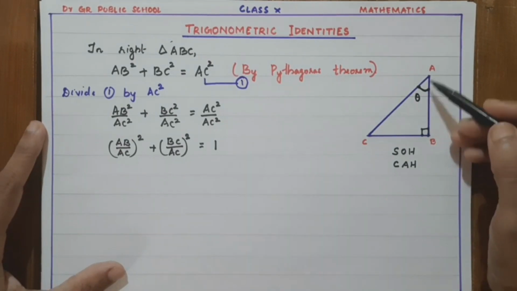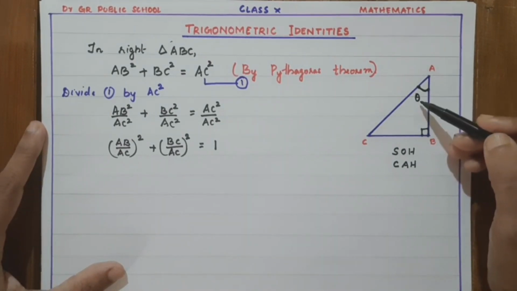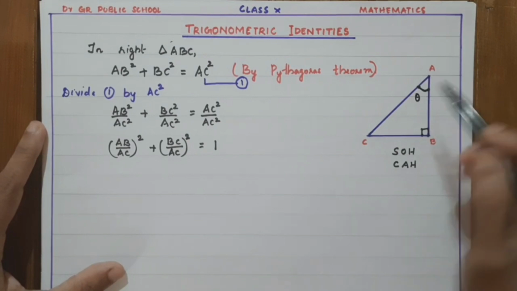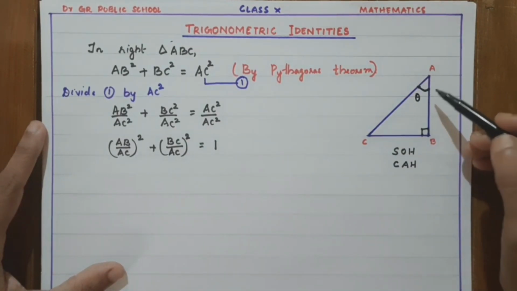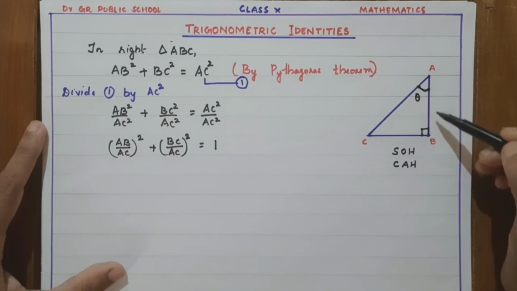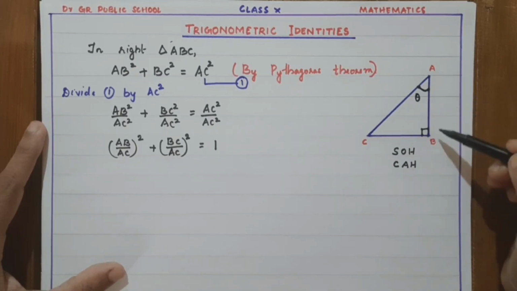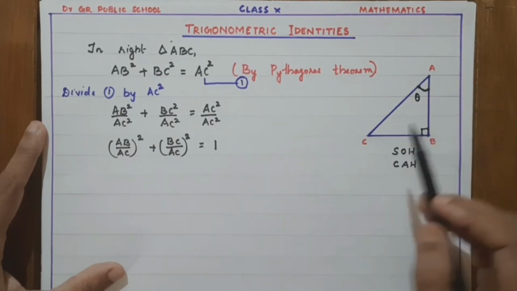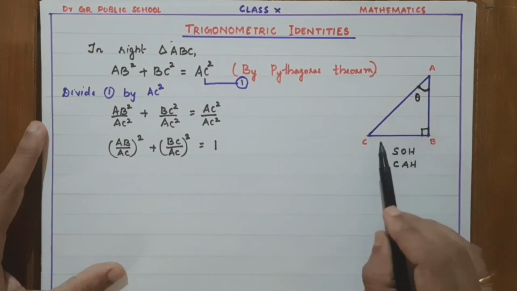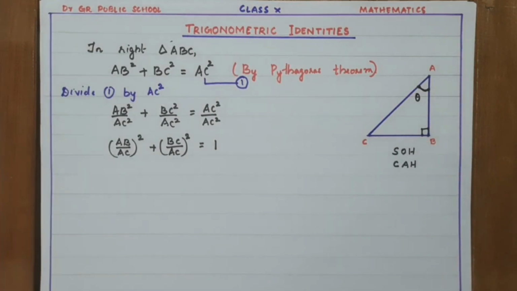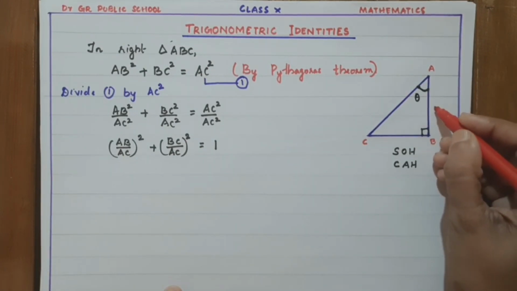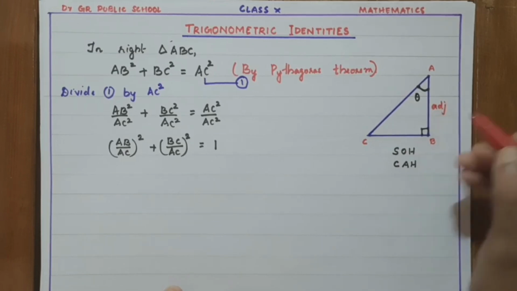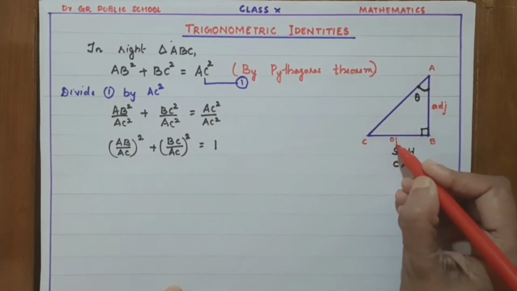Okay, based on this angle A or angle theta, what is AB by AC? AB is adjacent side, isn't it? And BC is opposite side. Okay, so this is adjacent side. For this angle theta, this is adjacent side and BC is opposite side.